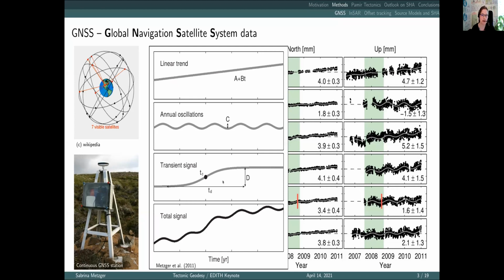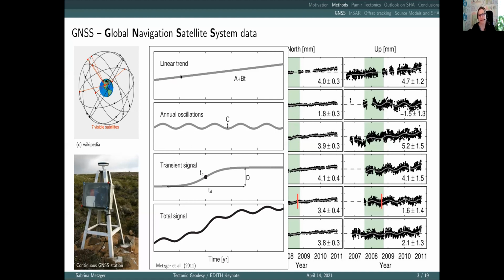So this could be a volcanic inflation or some kind of silent slip on a thrust fault. We could also be interested in some annual oscillation terms due to the seasonal heating and cooling of the rock or the near surface. Or, and now in my case, it would be the interseismic rates, the tectonic rates during the interseismic part of the seismic cycle, where we assume that these rates are linear.